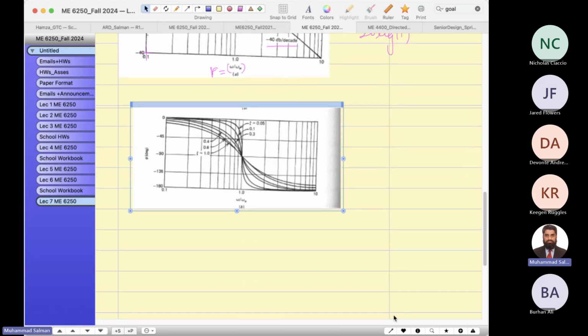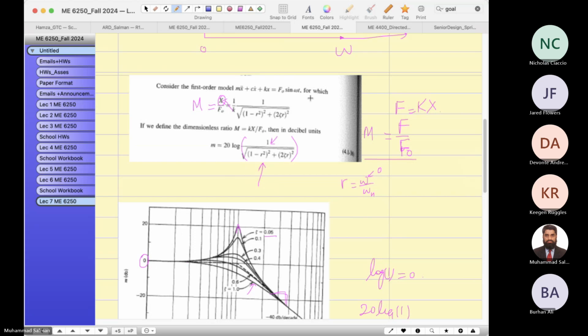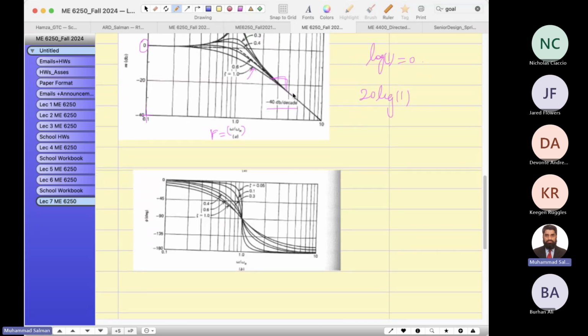Since this is a second order differential equation, we have 90 degrees per decade, so the total phase change is 180 degrees.